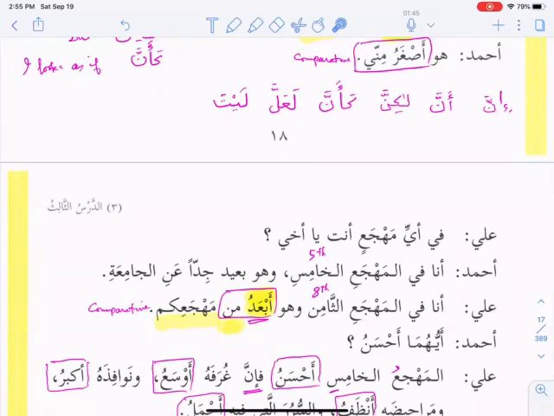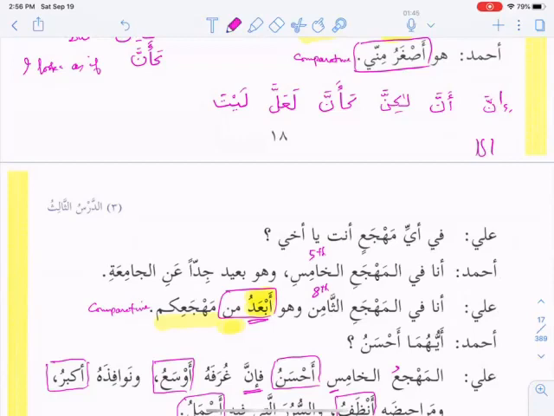How many times in a day do you use ismu tafdil? I'm asking you. I think 50 times, 100 times in your salah. All the time you are using superlative degree. What do you say?